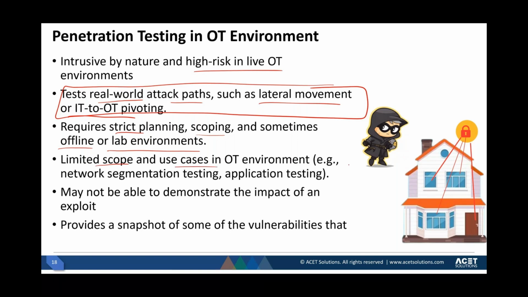Maybe you will just test the segmentation between IT and OT, maybe a few application tests. You may not be able to demonstrate the impact of the exploit because the impact would be shutting down the plant or the facility, which you don't want to do. So it does provide you a snapshot of some of the vulnerabilities that exist at that particular time. So that's a little bit on the PT side.